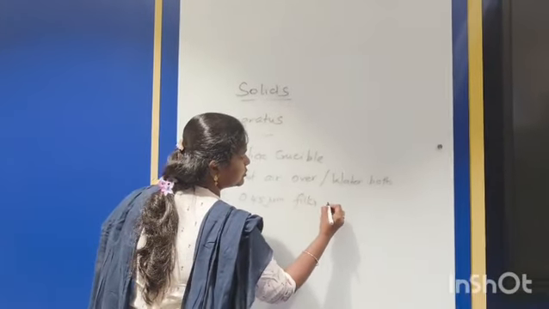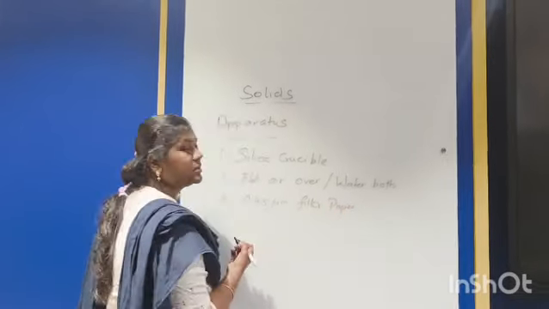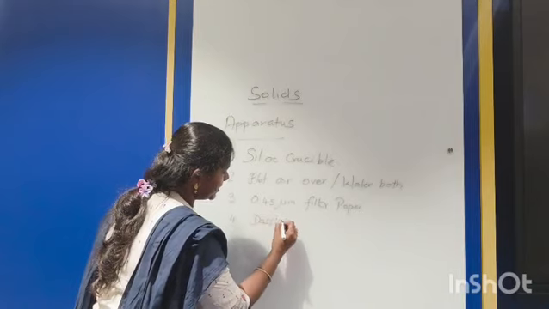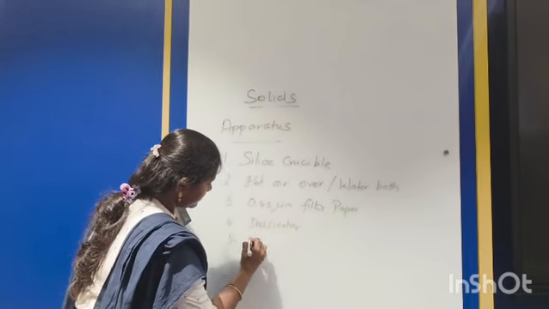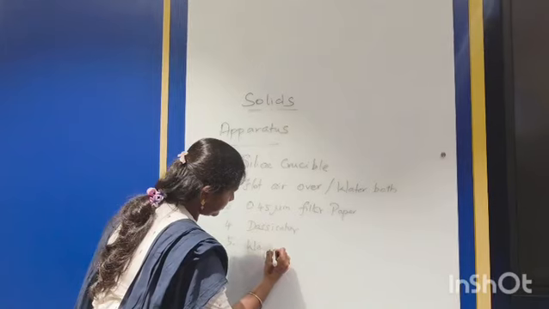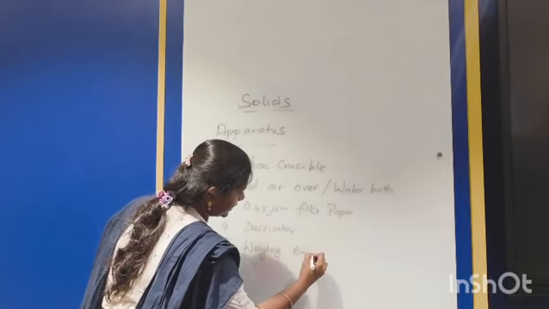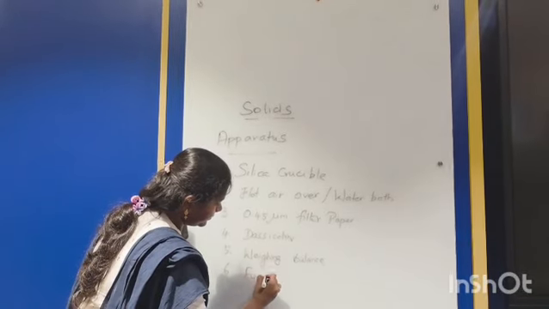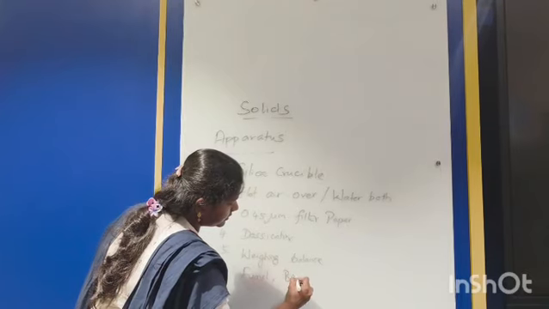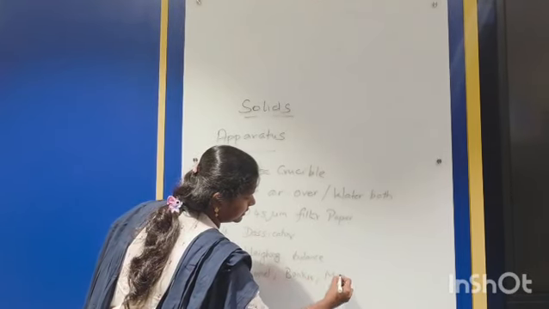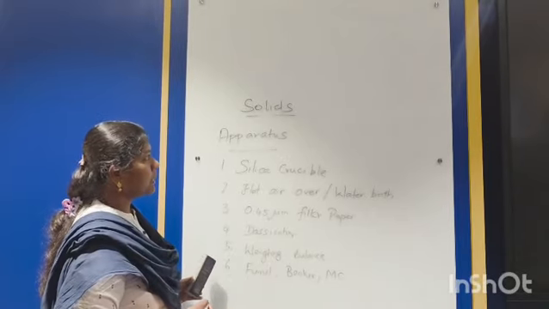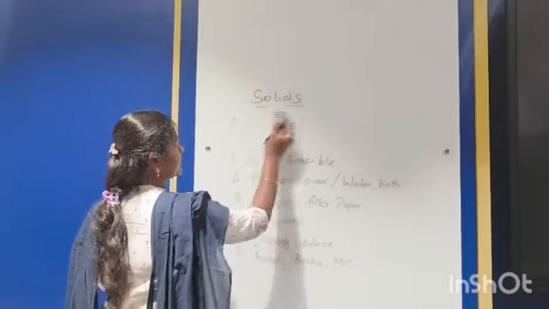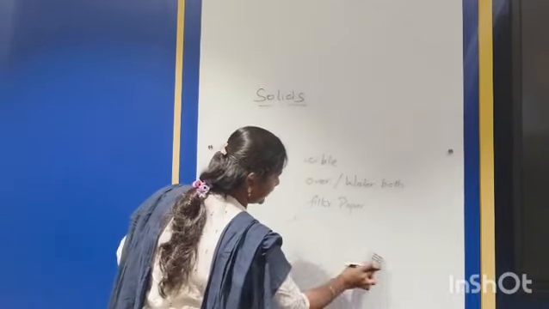It is especially used for the determination of total dissolved solids. Then desiccator, weighing balance, and all normal glassware like funnel, beaker, measuring cylinder, everything. So these are all the apparatus and equipment used to determine the solids. The procedure I am going to explain now.